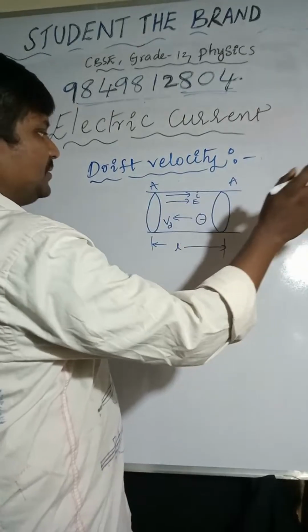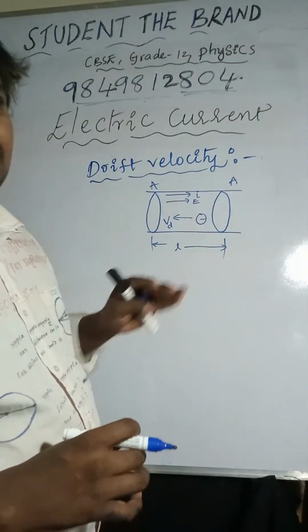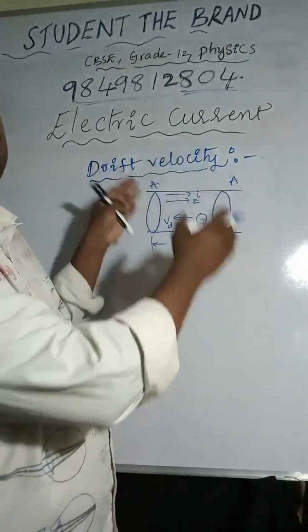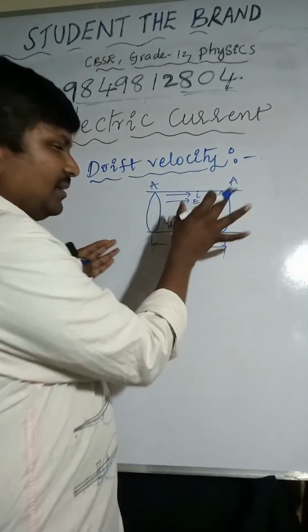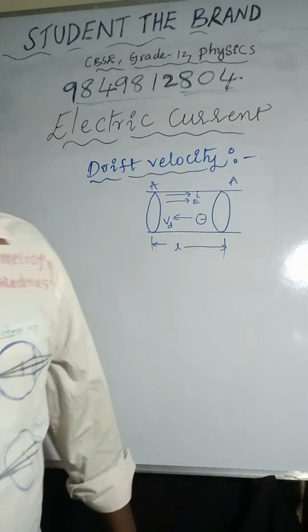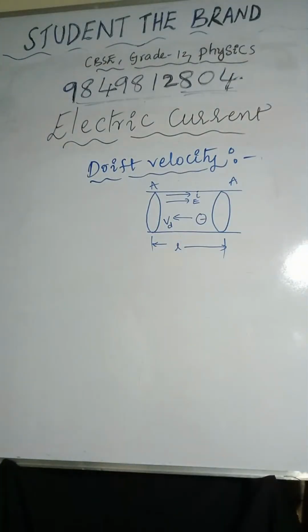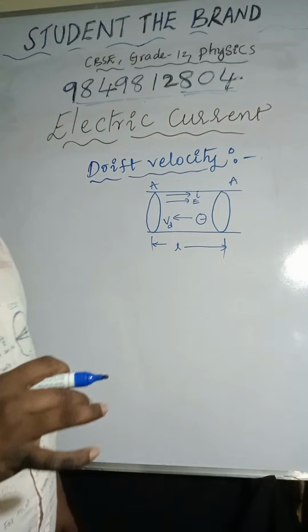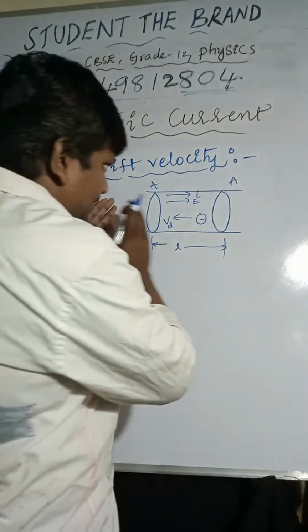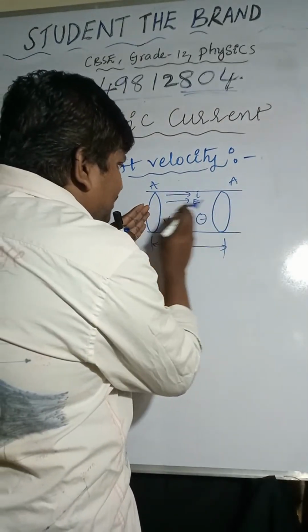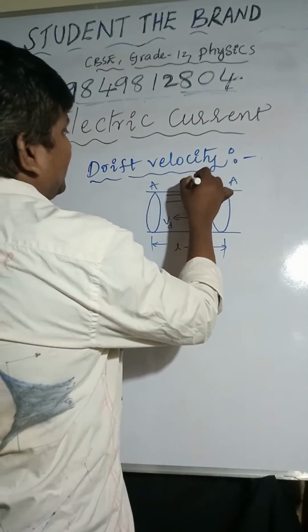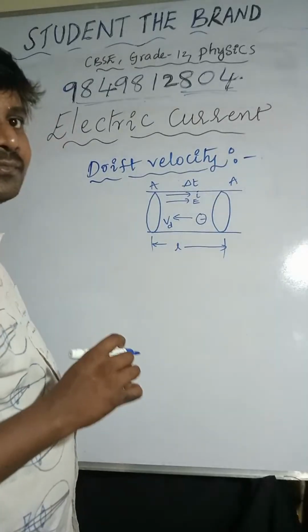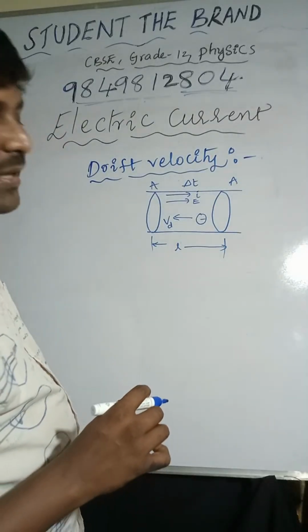If you observe in a closed manner, the electron started here and moved here. So this time gap will be there, right? Time gap. Yes or no?